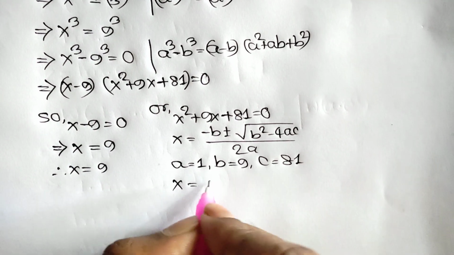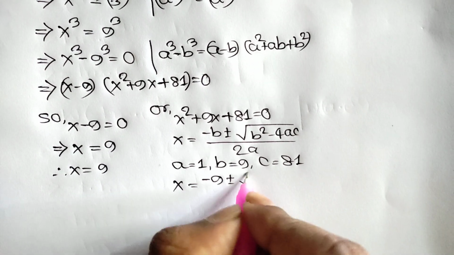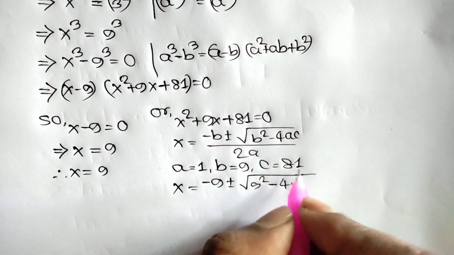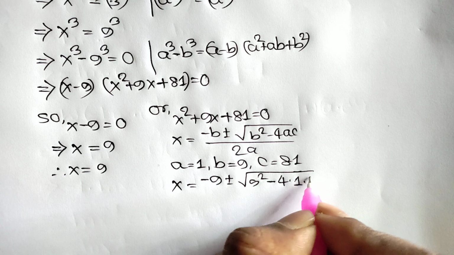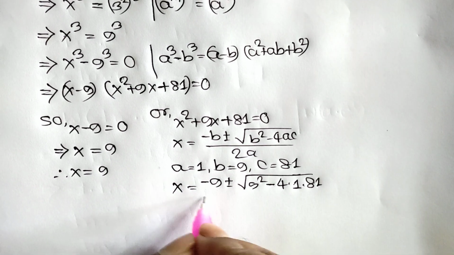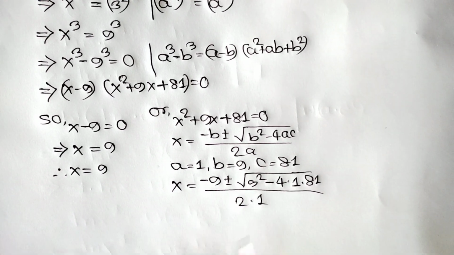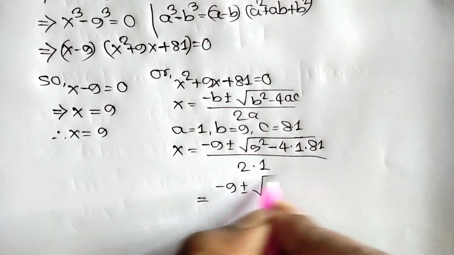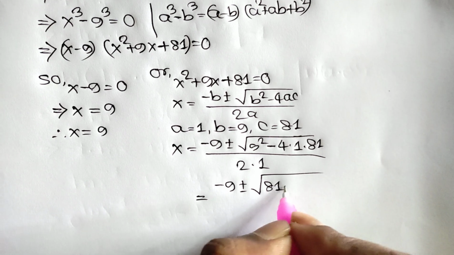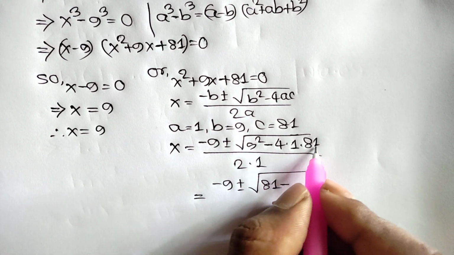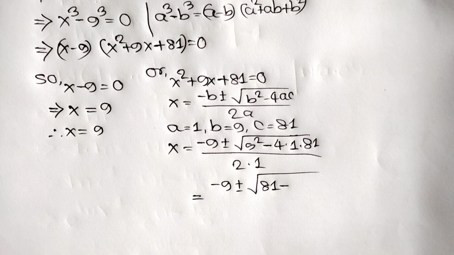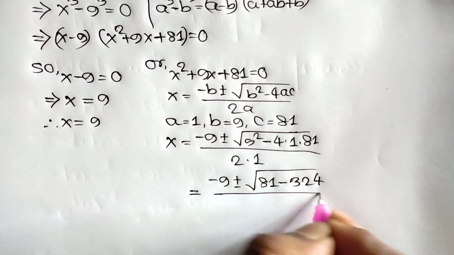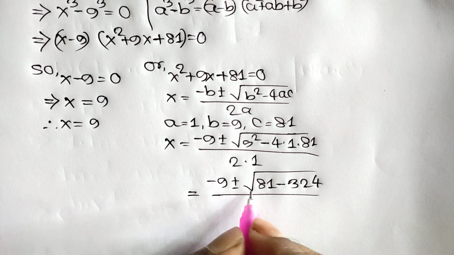So x is equal to minus 9 plus or minus square root of 9 square minus 4 times a, that means 1, times c, that means 81, over 2 times 1, is equal to minus 9 plus or minus square root of 81 minus 4 times 1 times 81, which is 324, over 2.